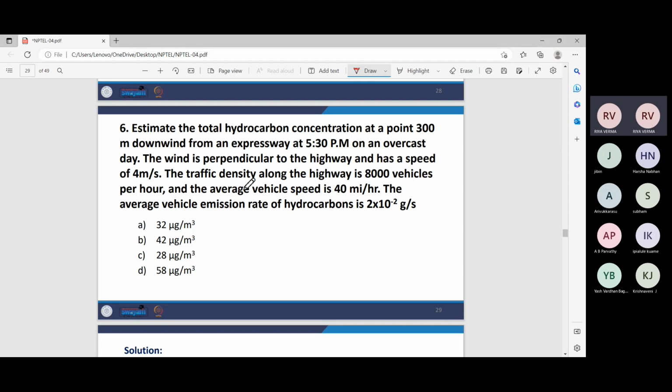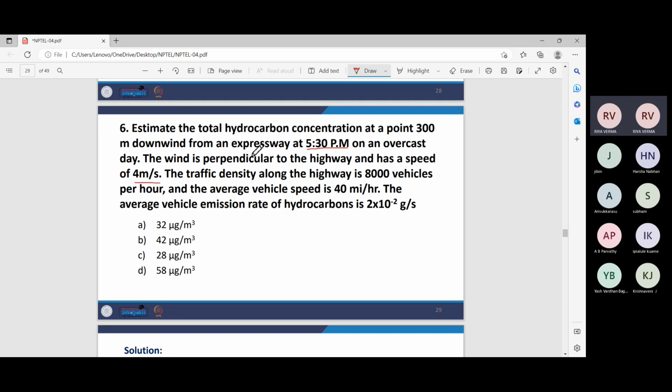I don't understand. Okay, anyway, your question is: estimate the total hydrocarbon concentration at a point 300 meters downwind from an expressway at 5:30 p.m. This is your evening time. On an overcast day, the wind is perpendicular to the highway and has a speed of 4 meters per second.